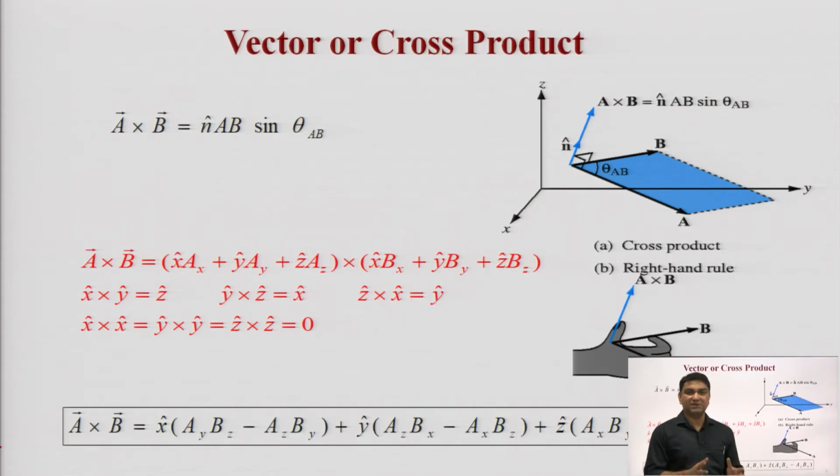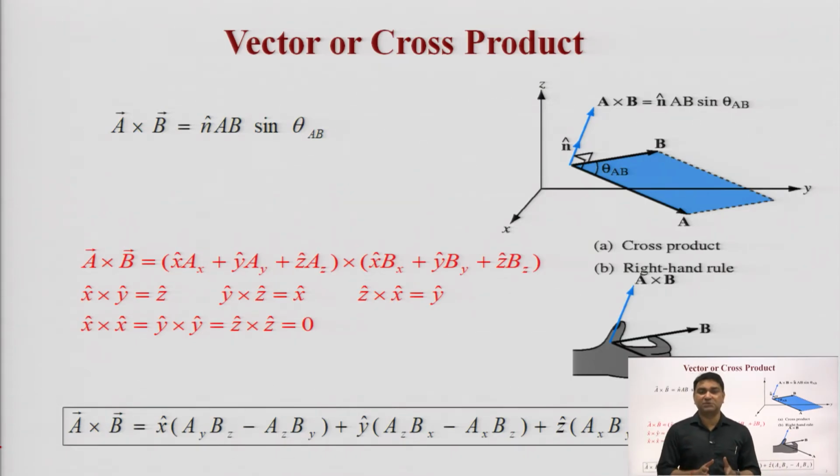When the vector x is multiplied by itself, then the angle between these two is equal to 0. It means x cross x has the sin theta term equal to 0. It means all the terms which describe the multiplication of a unit vector by itself come as 0.